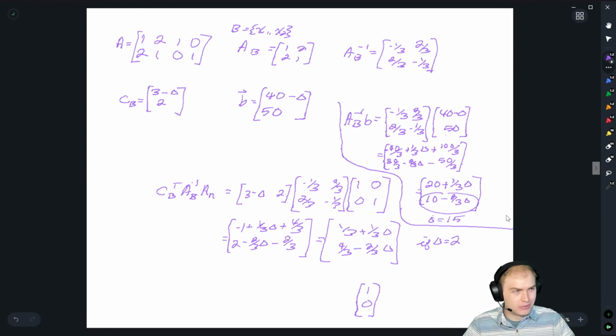And that's our allowable decrease. Okay. So that is a way to compute allowable decrease. Or increase, I suppose.